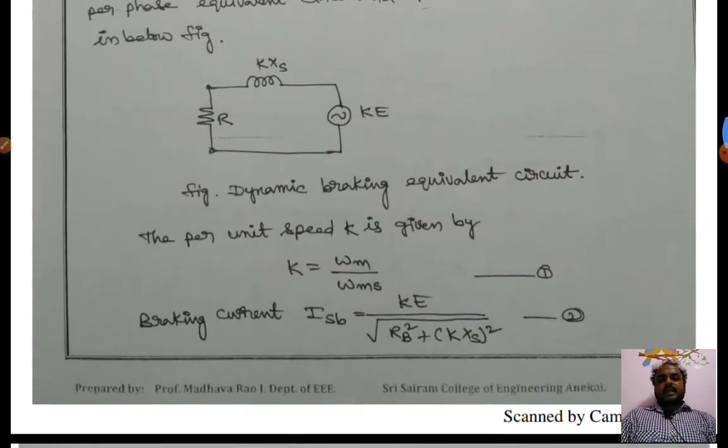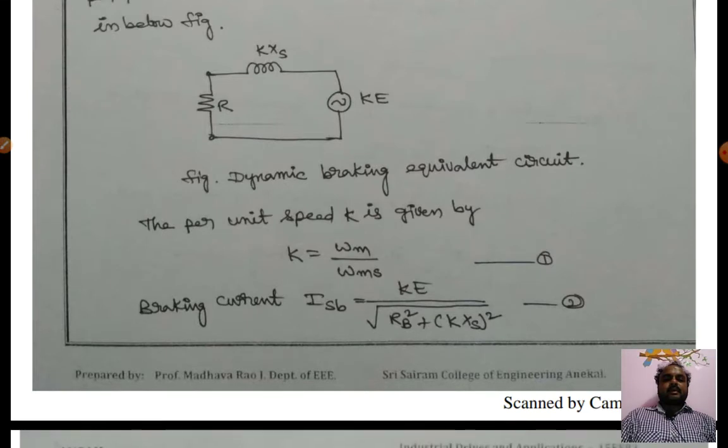This is the diagram of the dynamic braking equivalent circuit. Here we can see resistor R, inductance XS, that is the stator inductance, and KE, the supply voltage. Why we are multiplying by K is that we are measuring per unit values.